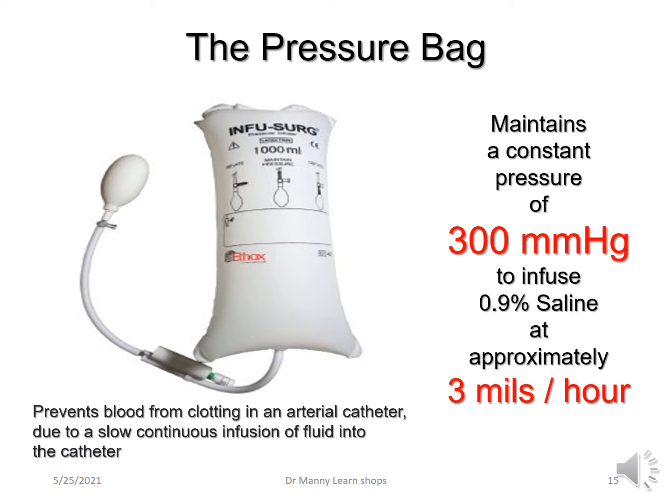By having a continuous flow of fluid, it prevents blood from clotting in the arterial catheter because of this slow, continuous infusion of fluid into the catheter, approximately 3 mils per hour. You need it pumped to 300 millimeters of mercury and you actually need fluid, normal saline, in the line. If the bag's empty, it's not going to work.